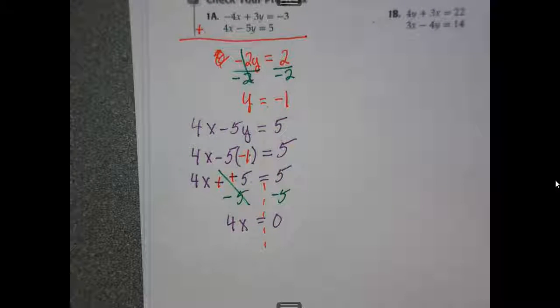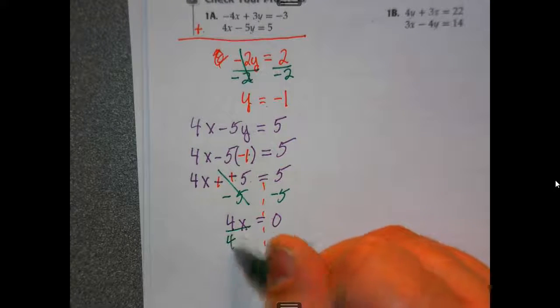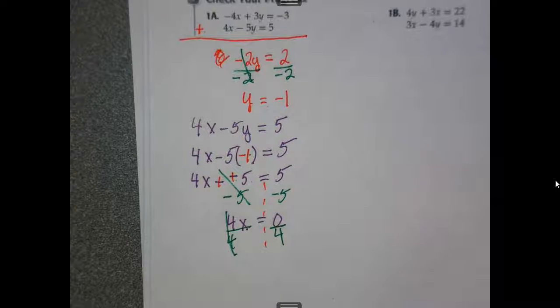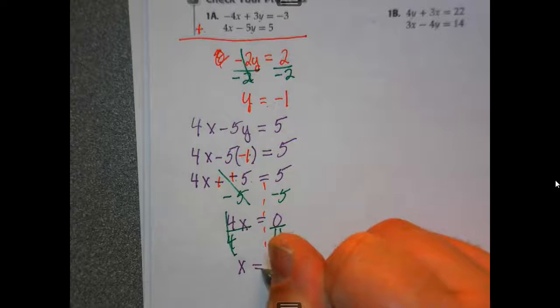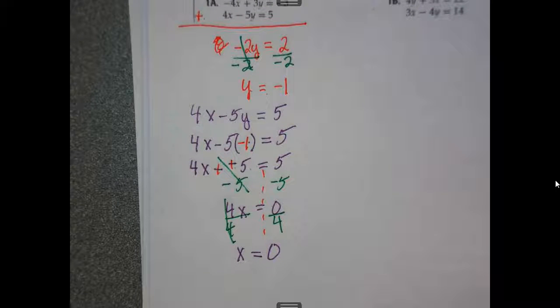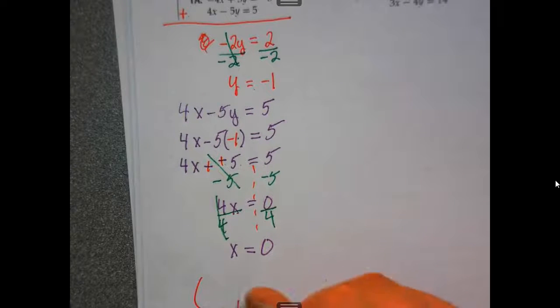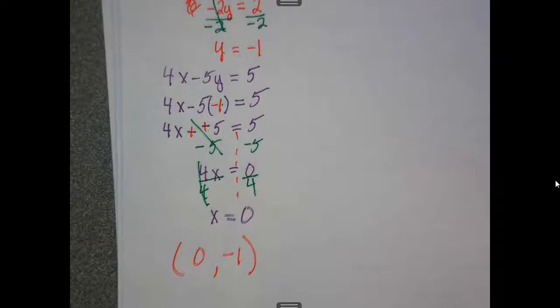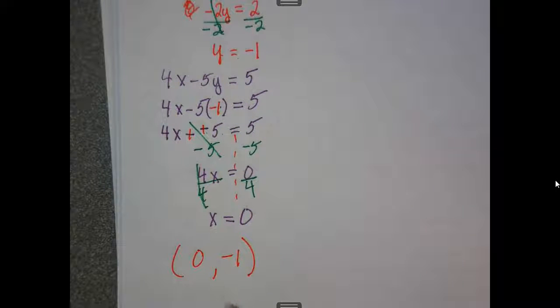Divide both sides by the coefficient 4. I can divide 0 by a number, I just can't have 0 in the denominator. 0 divided by 4 is 0. And you have to put this as a point. So my x is 0, my y is negative 1. You have to put it as a point. I really shouldn't give you any credit unless you put it as a point.